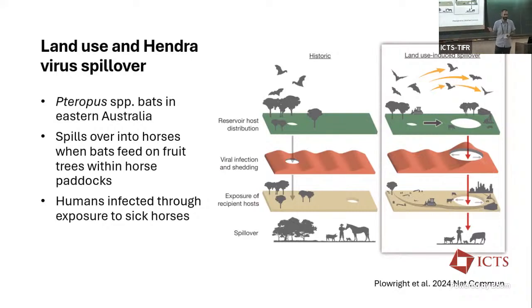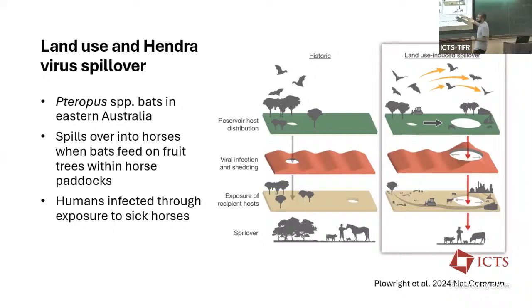It was first discovered in 1994 during an outbreak of a mysterious disease in Australia that was killing horses, causing 70% mortality in infected horses. Initially, they thought it was a whole bunch of different things, but eventually they isolated this novel virus.